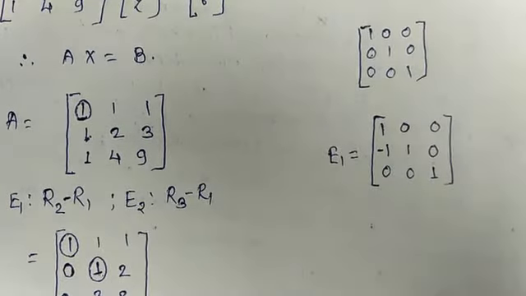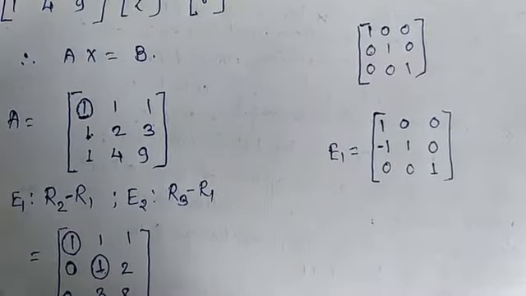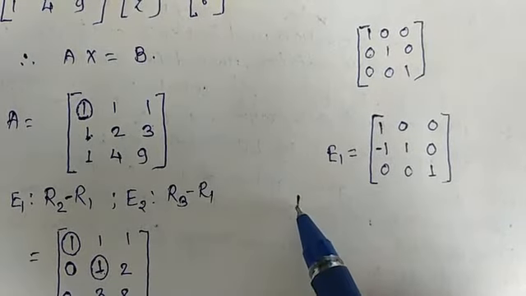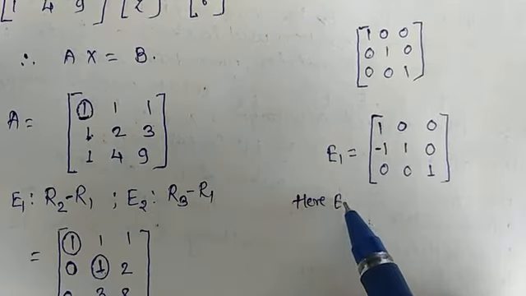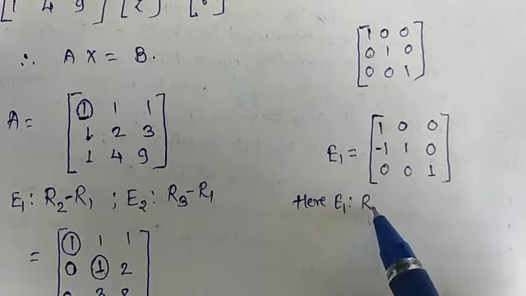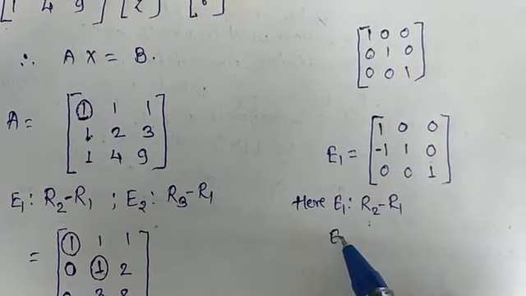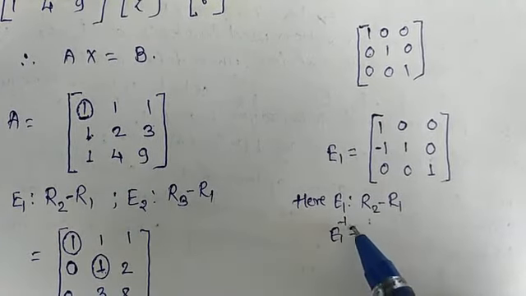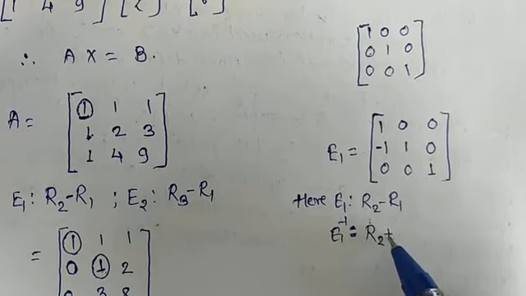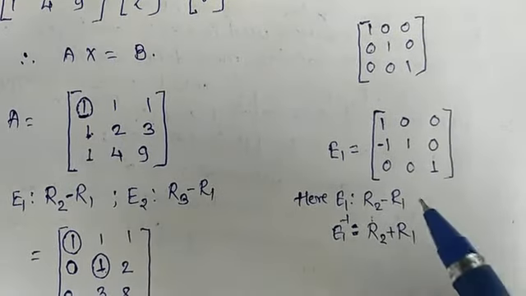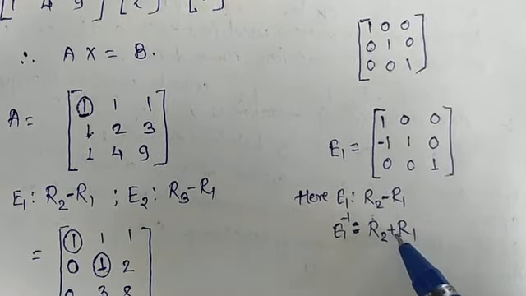Now we have to find E1 inverse. E1 is the row operation R2 minus R1, so E1 inverse will be the row operation R2 plus R1. To find the inverse, we just change minus to plus.